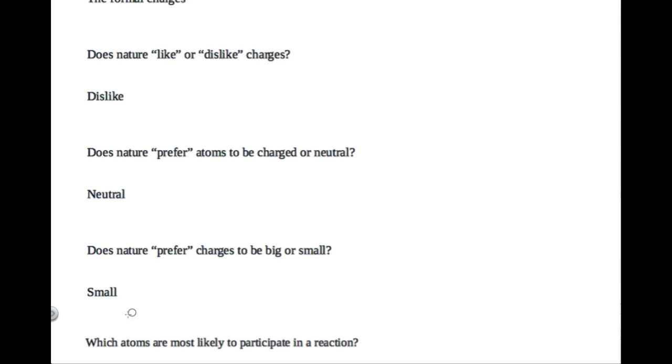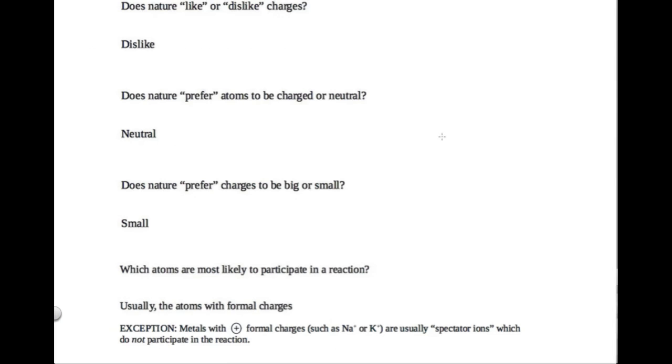Question: which atoms are most likely to participate in a reaction? Answer: usually the atoms with formal charges are most likely to participate in a reaction. Why? Because nature dislikes formal charges.